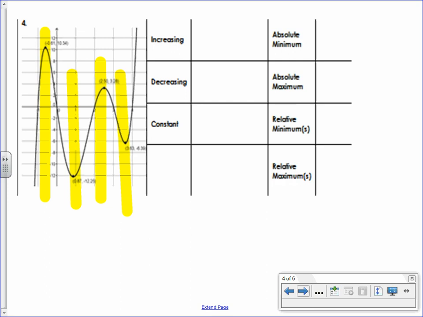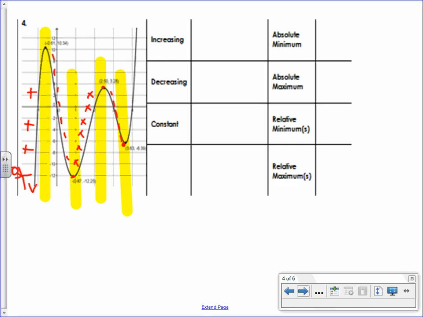Okay, my first one is coming up from the bottom right. So if we had a little man walking on the graph, he would be increasing, and then he hits the top and he starts decreasing again. And then he hits the bottom down here, he starts increasing again. Then he hits this point and he starts decreasing again.